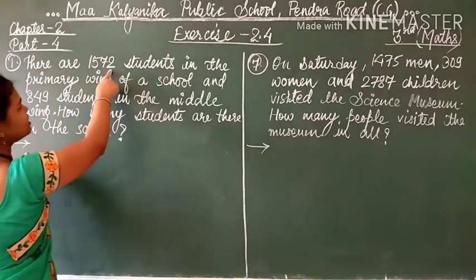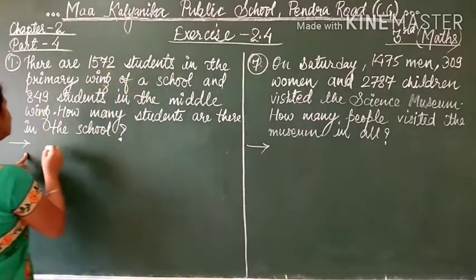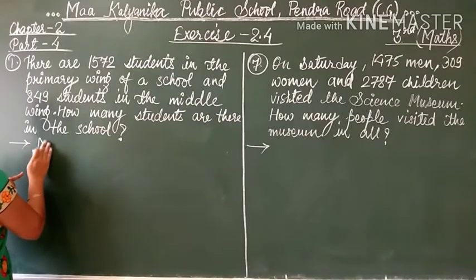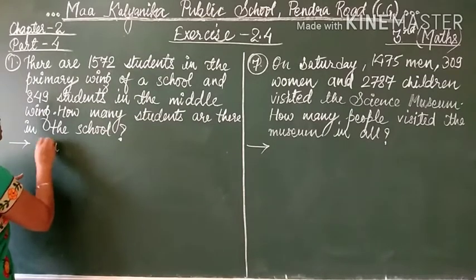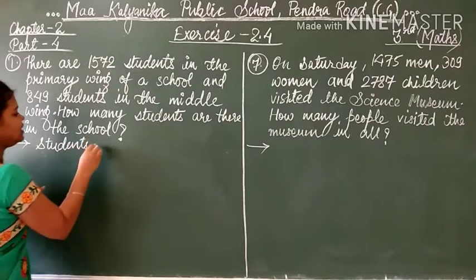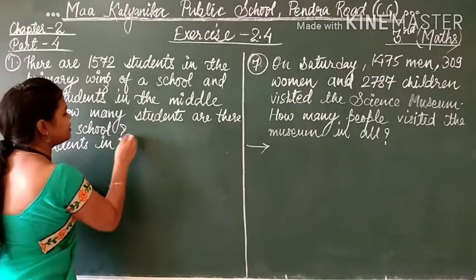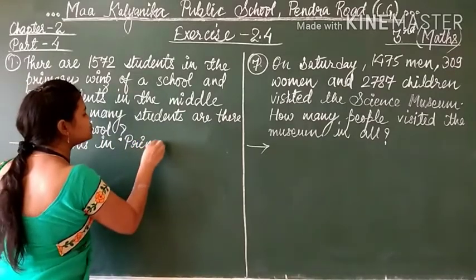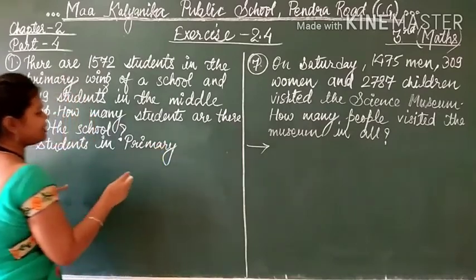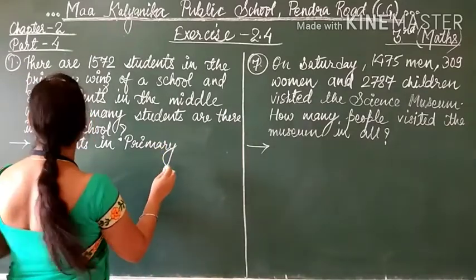There are 1572 students in primary wing. Directly we will write students in primary wing.